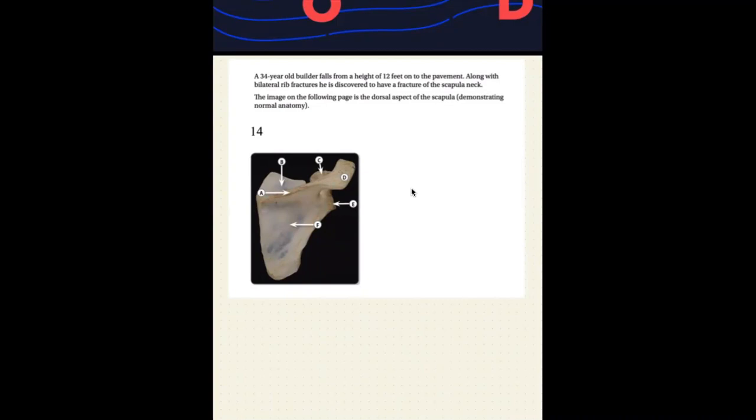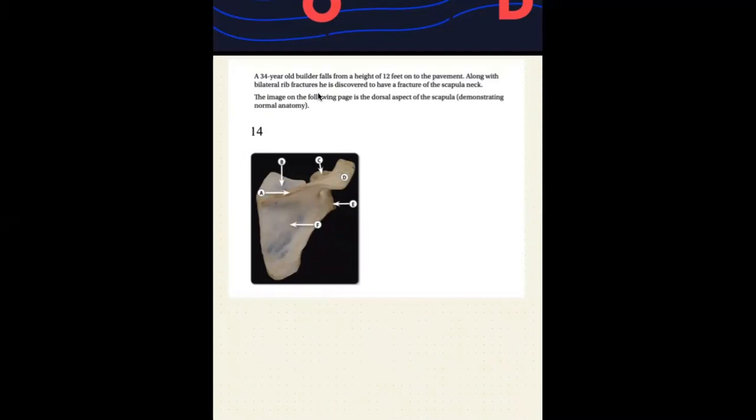The supraspinatus takes origin from the supraspinous fossa of the scapula, the infraspinatus from the infraspinous fossa, and the teres minor from the dorsal lateral border of the scapula. These three muscles insert into the greater tuberosity of the humerus. The subscapularis originates from the subscapular fossa and inserts into the lesser tuberosity of the humerus.